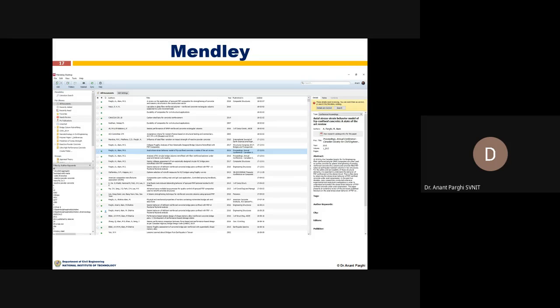But if you are submitting the same article to a Springer publication, like Journal of Structures, Journal of Concrete, or Bulletin of Earthquake Engineering, at that time you need to revise each and every reference manually, right? It will increase your task, and sometimes you will miss some references also.